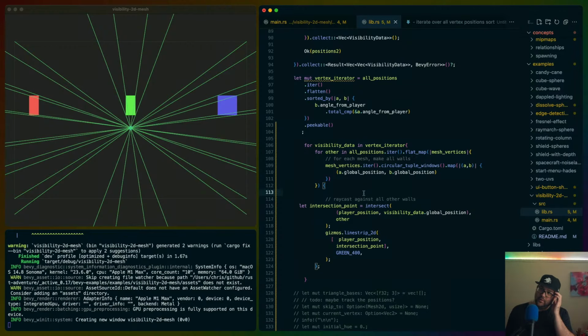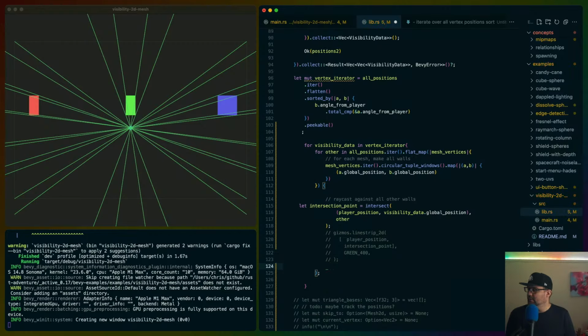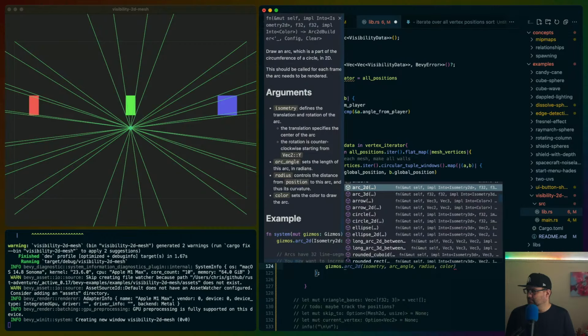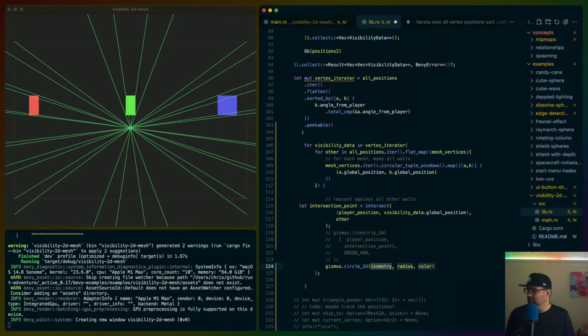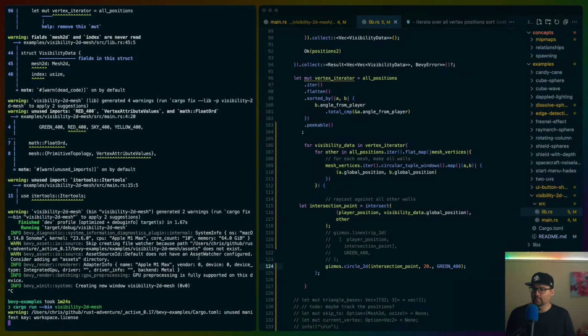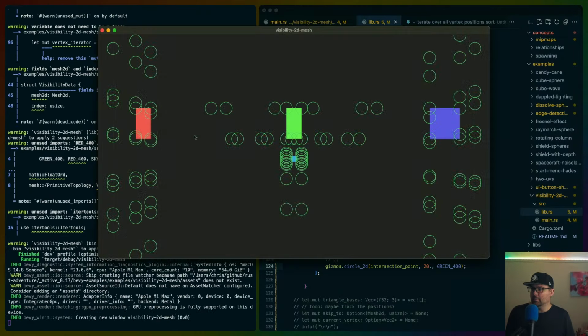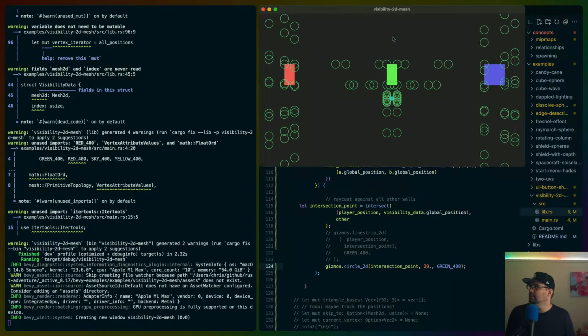Right. So this isn't giving... Well, let me do this instead. Instead of line strip, let me visualize the intersection point, just to make sure that we're actually getting the things that we expect to get.